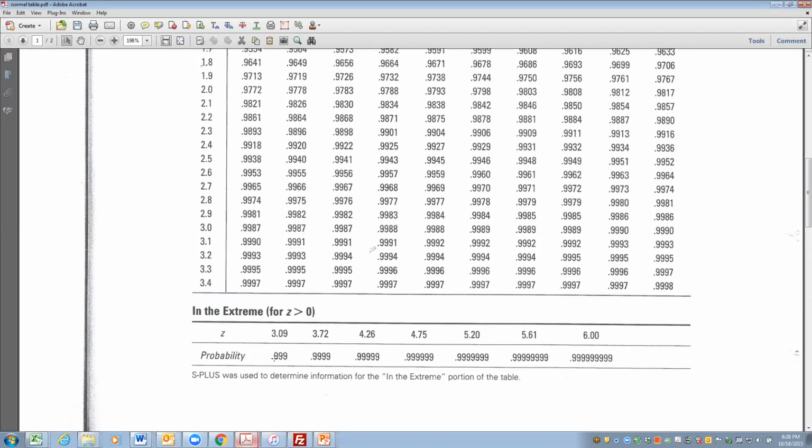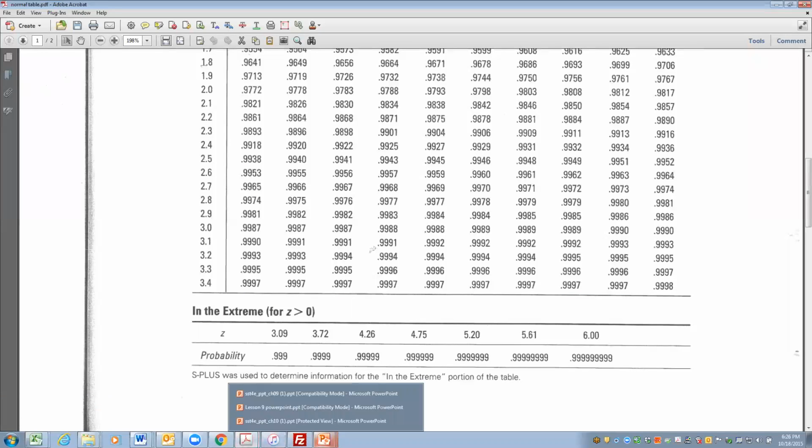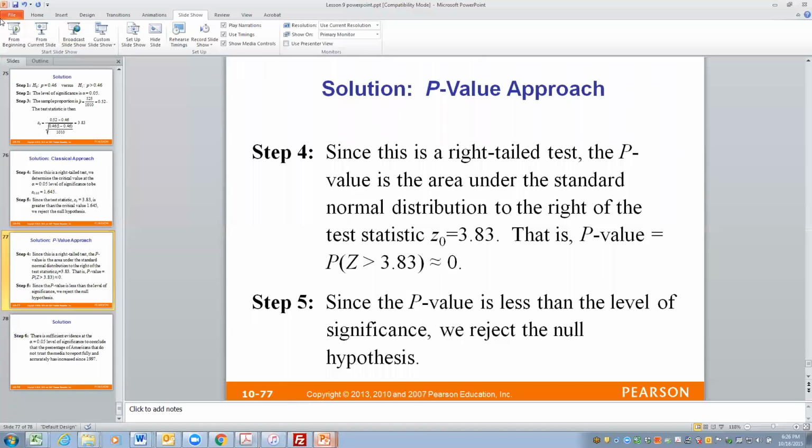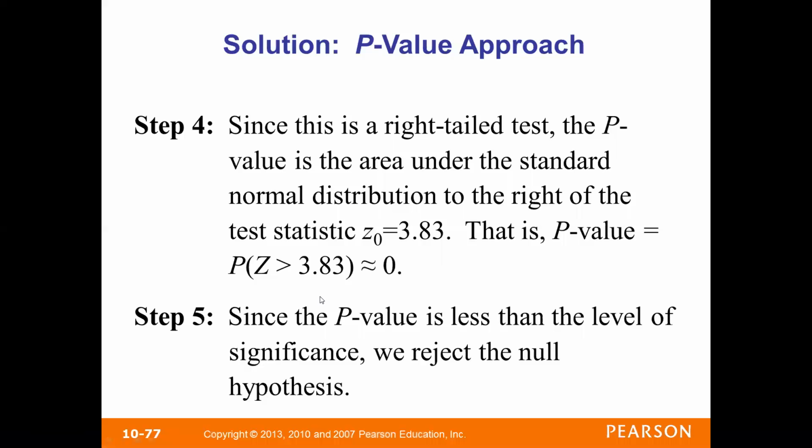And in fact, if we go down here in the extreme, being more than 3.83 would be less than 1 minus 0.9999. So it's almost zero. So this is approximately zero. So it's very statistically significant.